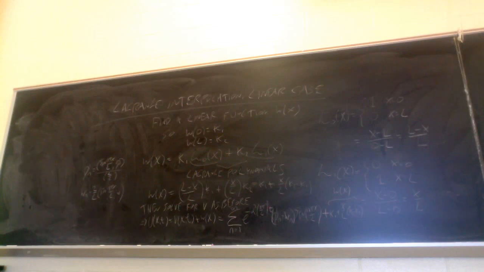And we're going to figure out the right k1 and k2 so that it satisfies the boundary conditions. And for that, we'll just substitute this form into the boundary conditions.